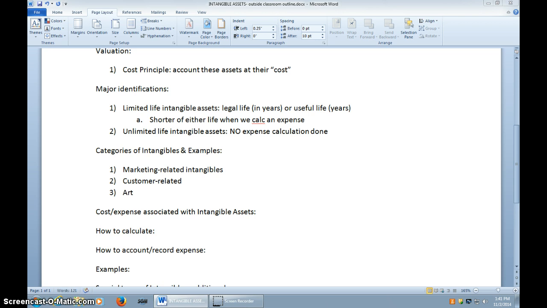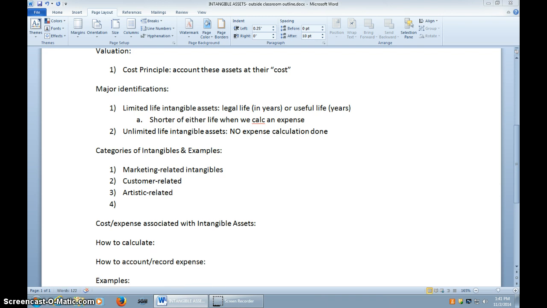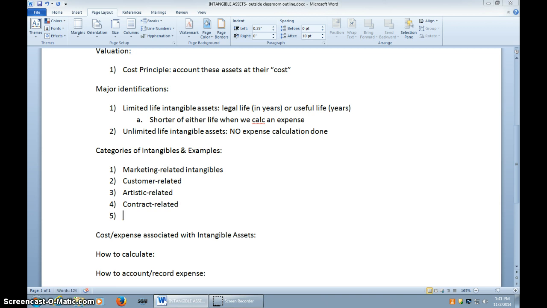There are artistic-related intangible assets. There are contract-related intangible assets. And there are technology-related intangible assets.